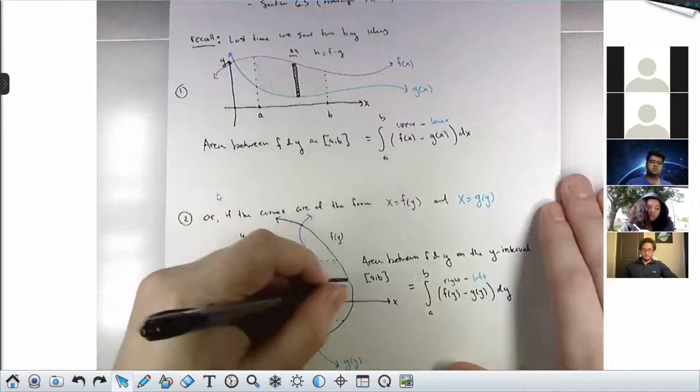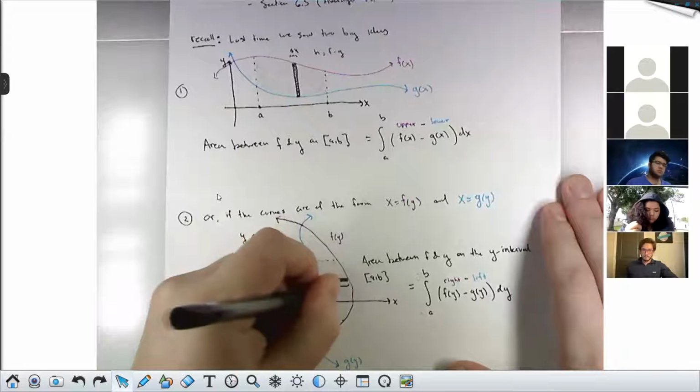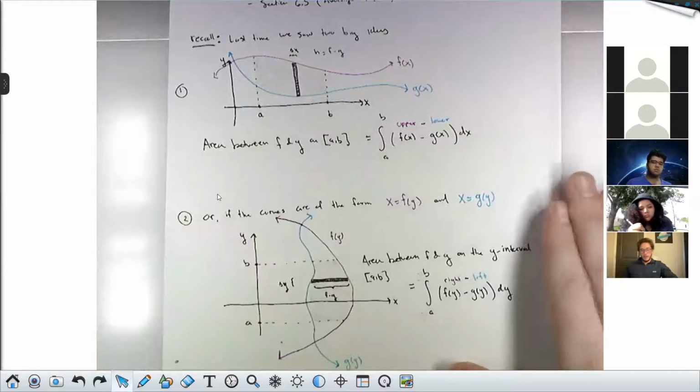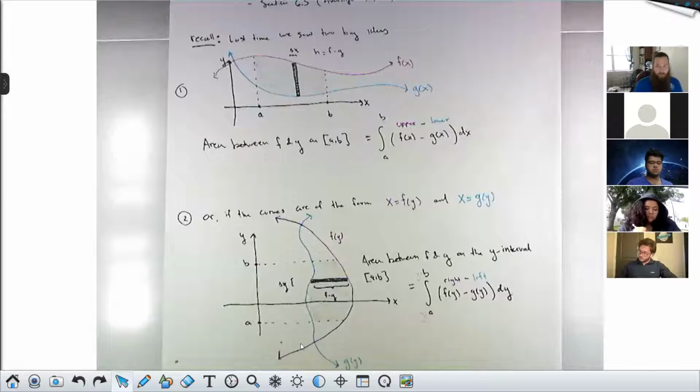And this dimension, we call it the height, is again f minus g. So that's why the formulas look the way they do. I encourage you, when you draw your pictures, to also draw in the little strip. Because in sections 6.2 and 6.3, we're going to start rotating regions that look like this, and the key to finding the volumes of those rotated regions will be to think about what happens to that strip.